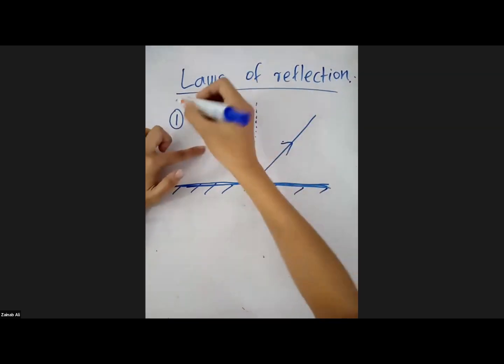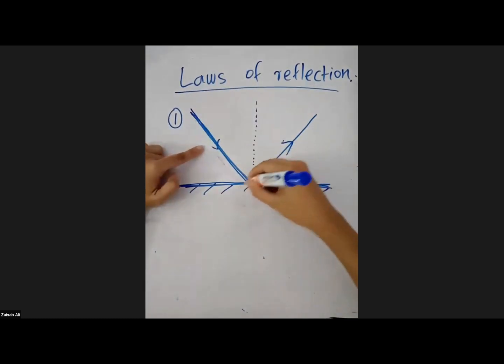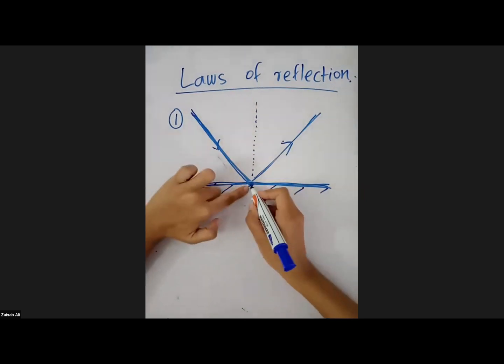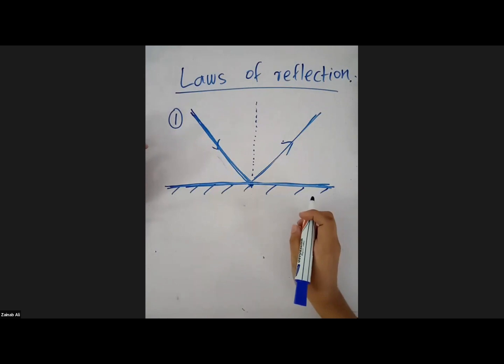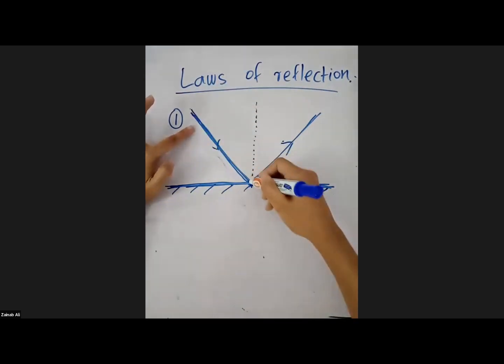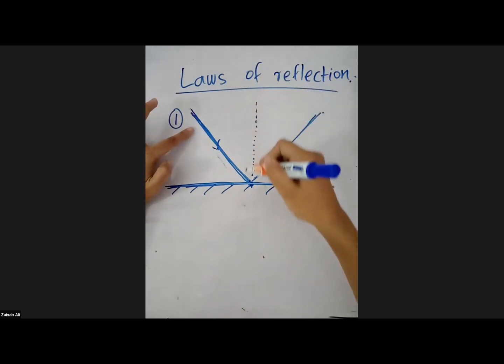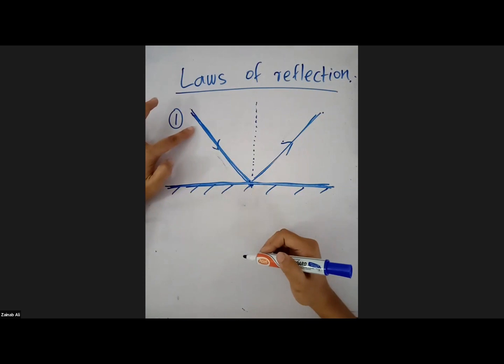What is the first law of reflection? The incident ray, the reflected ray, and the normal drawn to the point of incidence should lie on the same plane. So that is the first law of reflection.